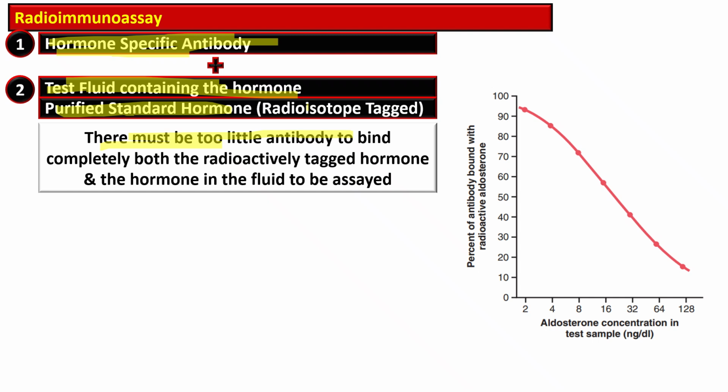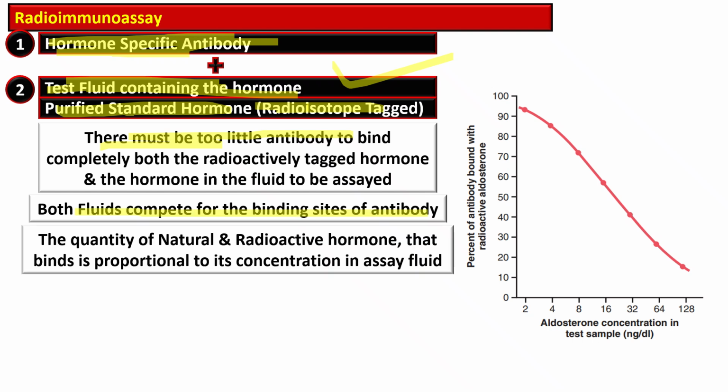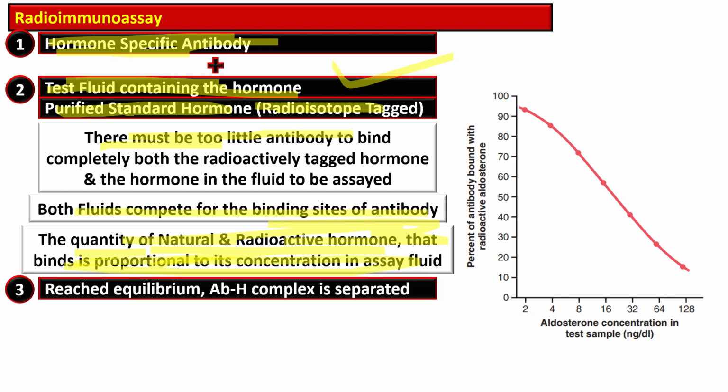The more natural hormone in the sample, the less radioactive hormone binds to the antibody. So the quantity of radioactive hormone that binds is proportional to the concentration in the assay fluid.